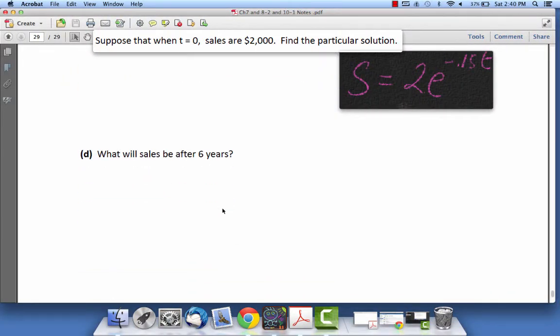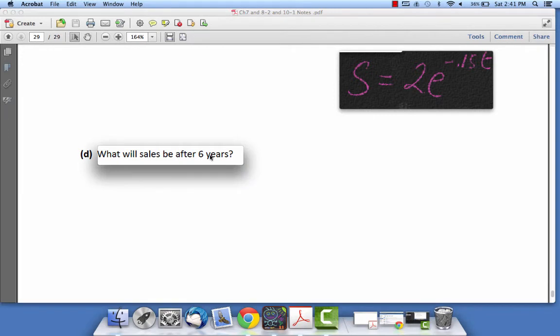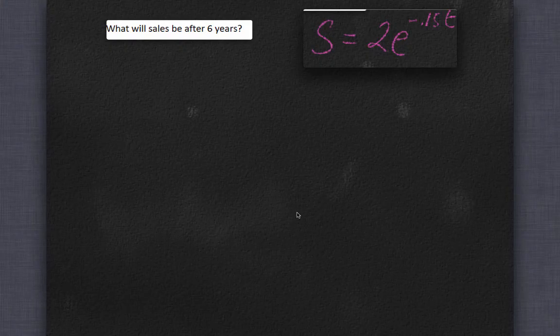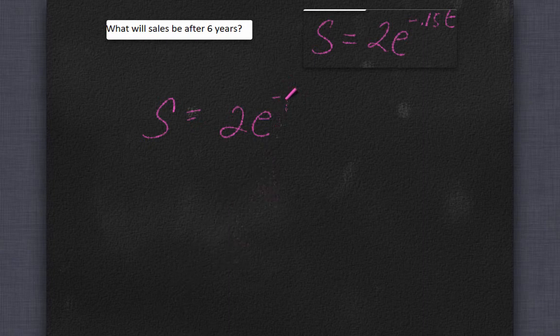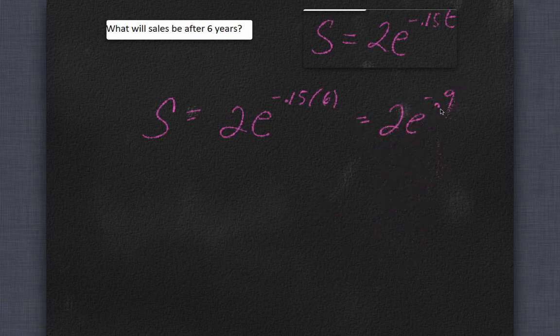All right, so what will sales be after 6 years? s equals 2e to the minus 0.15 times 6, so e to the minus 0.9.